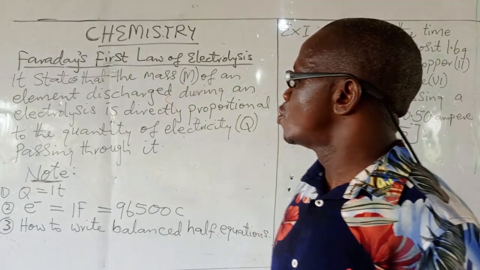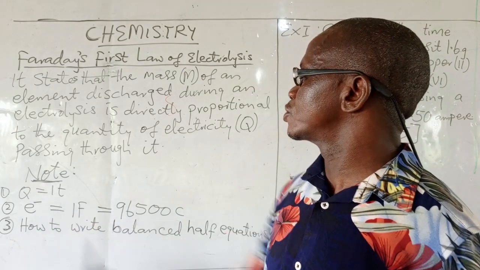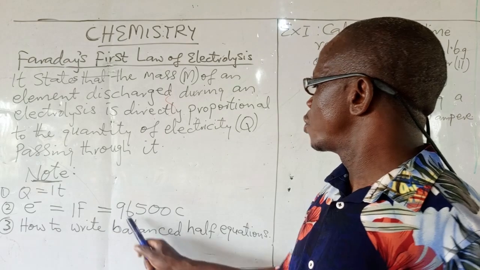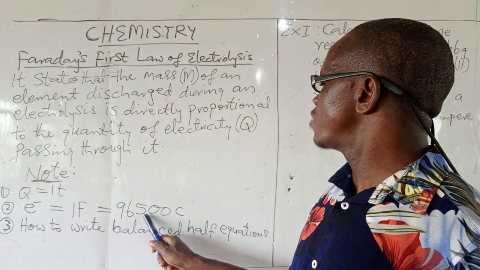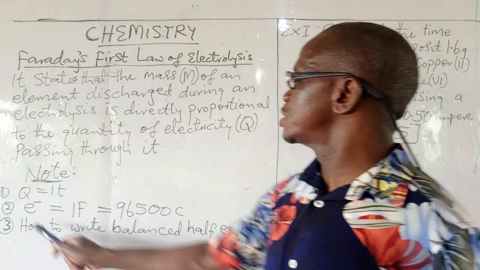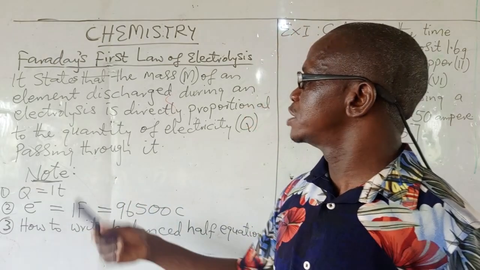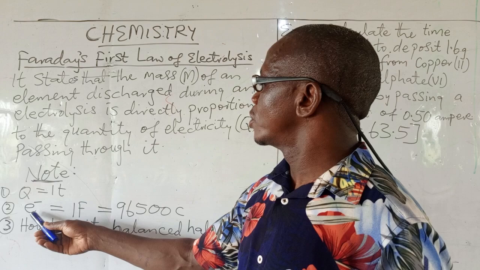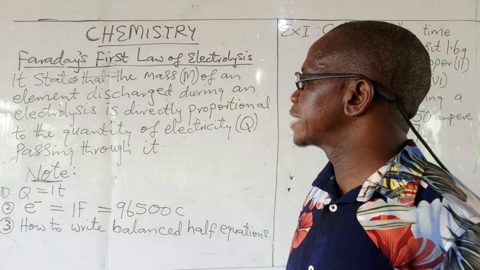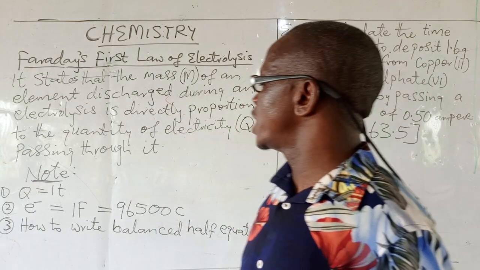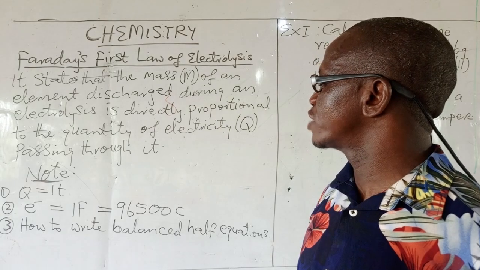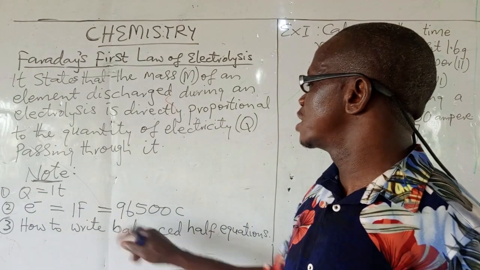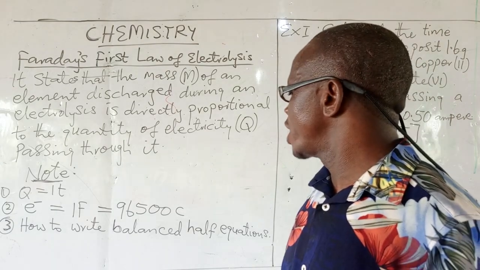Number two, note also that 1 mole of e minus equals 1 Faraday, equal to 96,500 Coulomb. What is e minus? We have been talking about it in electrolysis before now. So e minus is electron. That means 1 mole of electron is equal to 1 Faraday of electricity, and the value of that is 96,500 Coulomb.